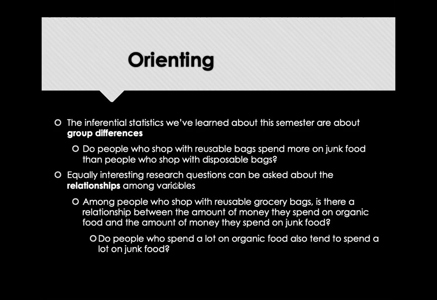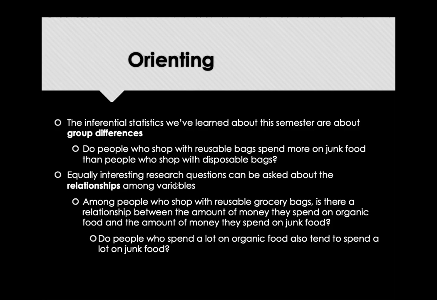And thus far, all of the statistics we've talked about are measuring differences between groups, right? So one thing we could do with perhaps a t-test, for example, an independent samples t-test, is look at whether people who shop with reusable bags spend more on junk food than people who shop with disposable bags.